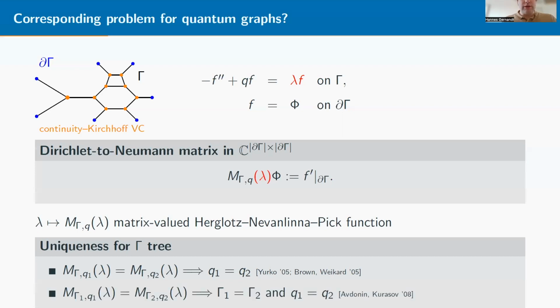Furthermore, there's an even stronger result, I would say, that if the Dirichlet to Neumann map coincides for two different trees and two different potentials, then we can even conclude that the trees coincide and the potentials coincide, which was shown by Avdonin and Kurasov.